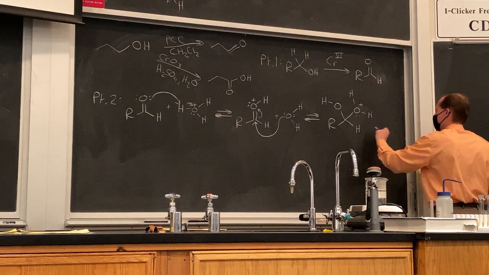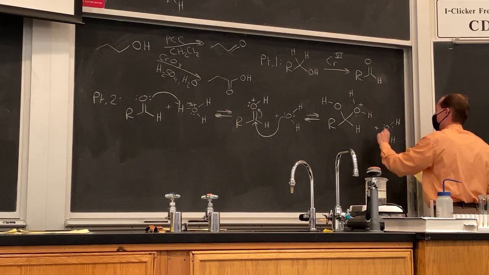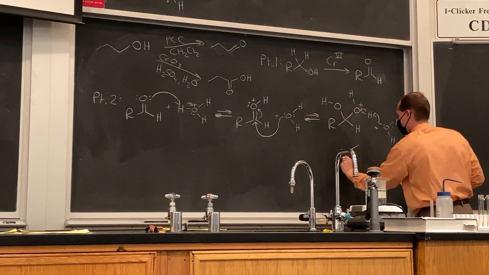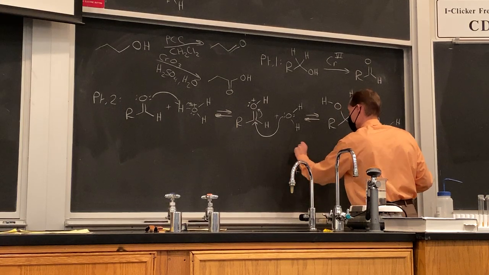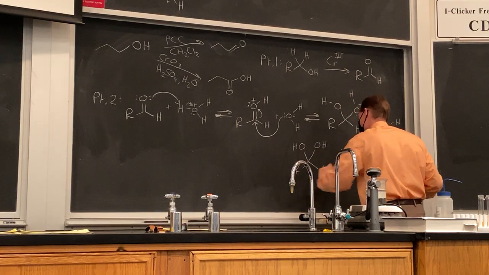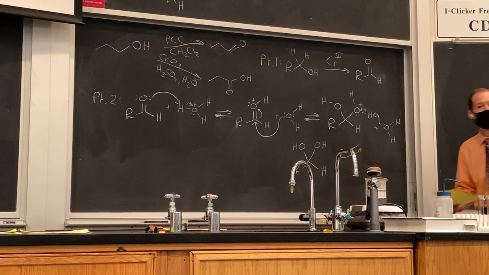And so now we can use another equivalent of our water to deprotonate. And that gives us a diol, but a special type of diol where we have both OH groups on the same carbon. That's a geminal diol.